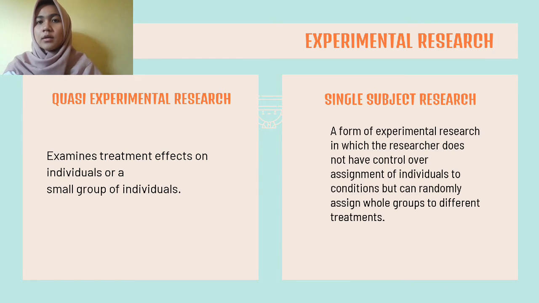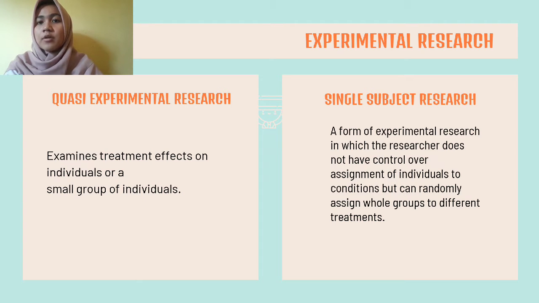And another type of experimental research is single subject research. It's a special type of experimental research. This examines treatment effects on individuals or a small group of individuals. In this type of research, a treatment or an intervention is manipulated.